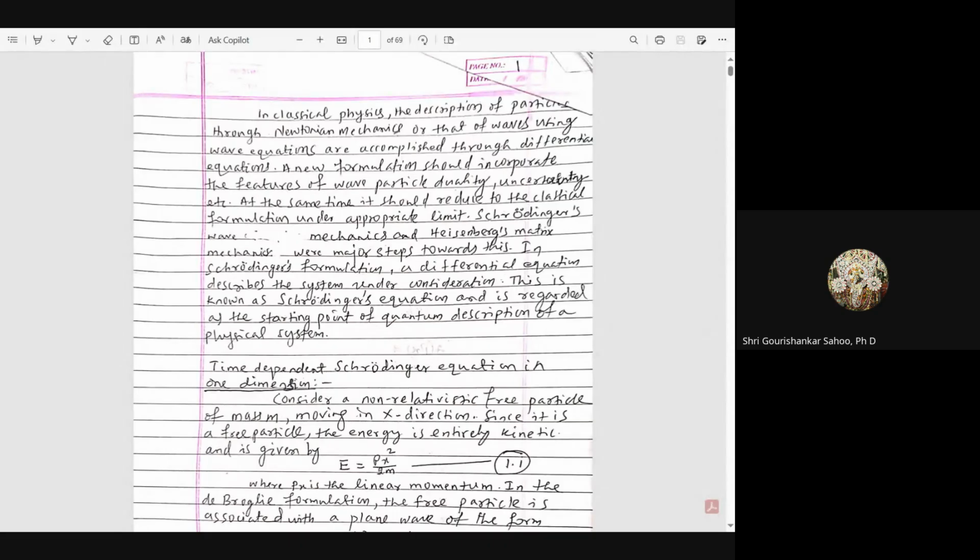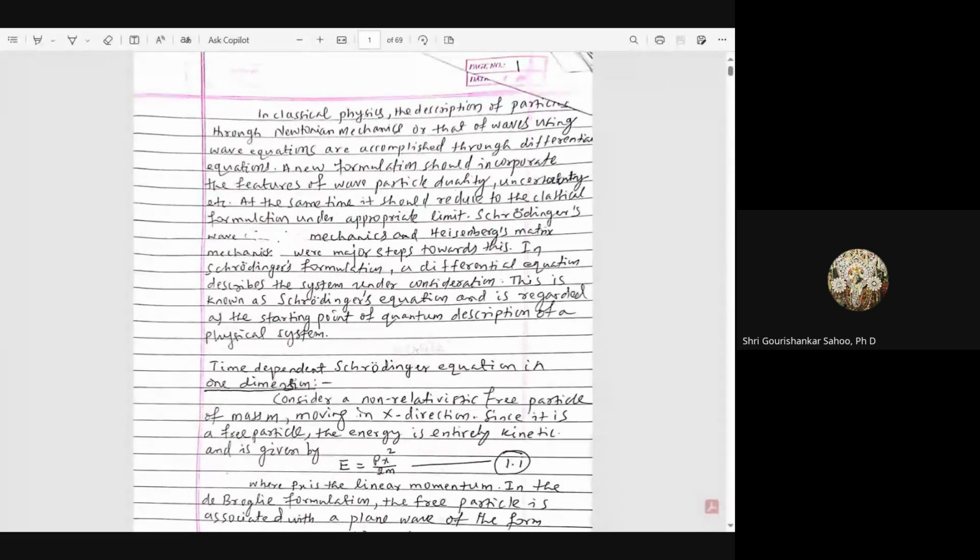A new formalism should incorporate the features of wave particle duality, whose mathematical expression was well established by de Broglie, the uncertainty principle by Heisenberg, and other concepts.